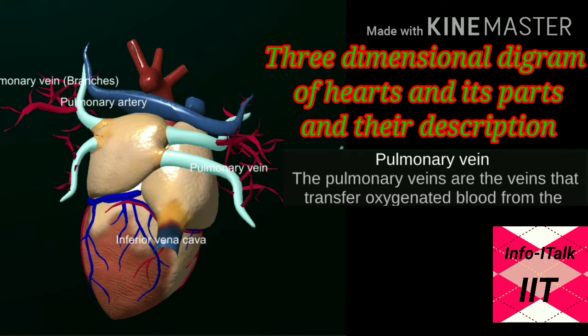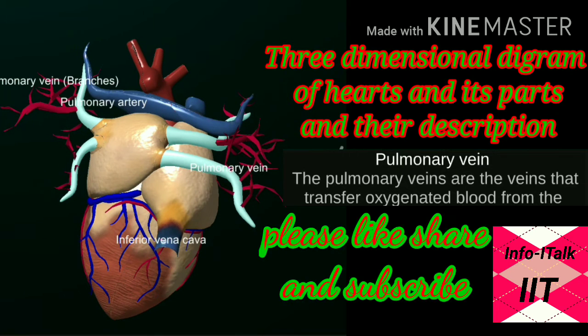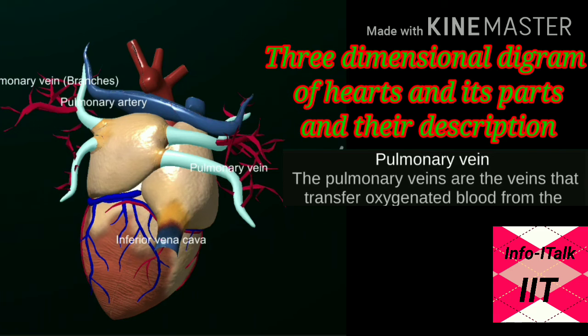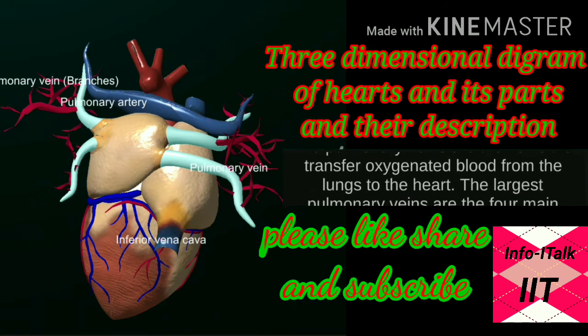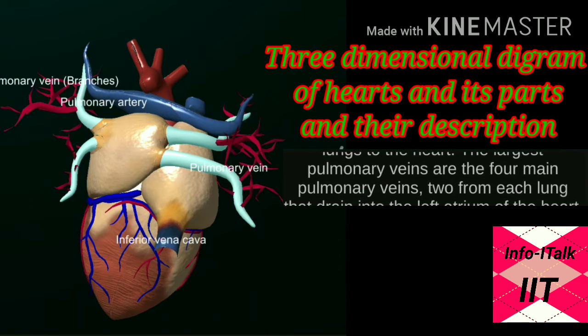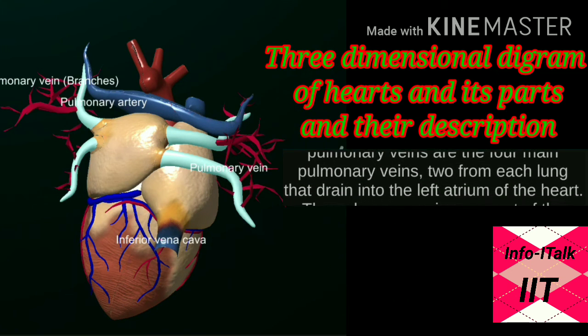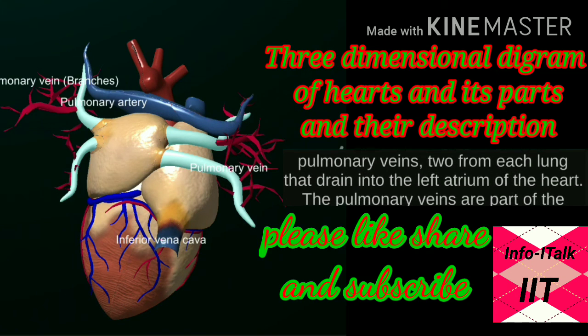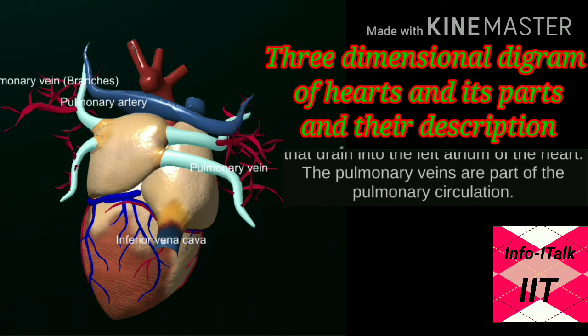These are four in number. The pulmonary veins are the veins that transfer oxygenated blood from the lungs to the heart. The largest pulmonary veins are the four main pulmonary veins, two from each lung, that drain into the left atrium of the heart. The pulmonary veins are part of the pulmonary circulation.